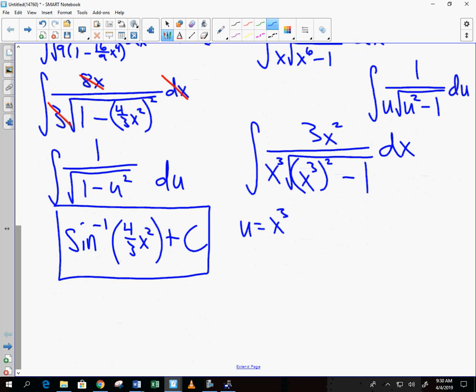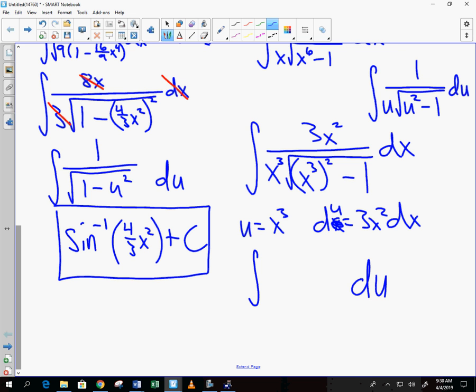So somebody tell me, what is u in this situation? x cubed. What is du? 3x squared dx. Do I have a 3x squared? I do. So now I have the integral. What do I have instead of the 3x squared dx? Whoops, sorry, du.